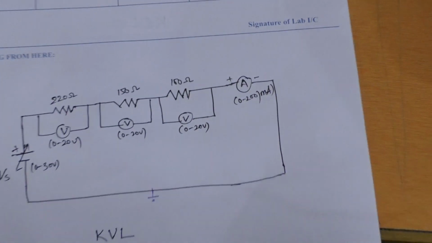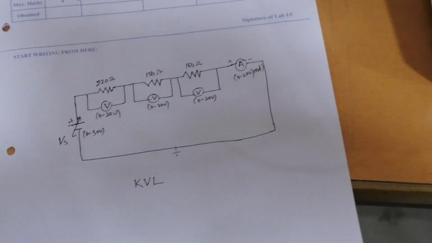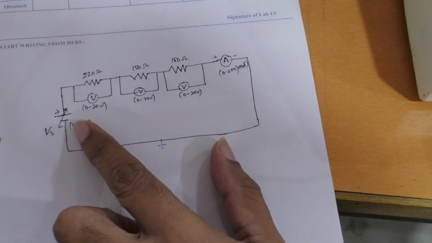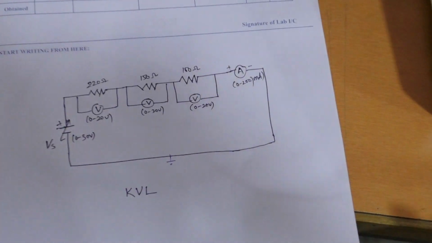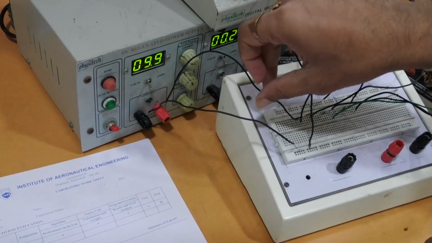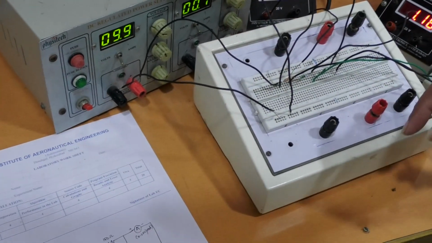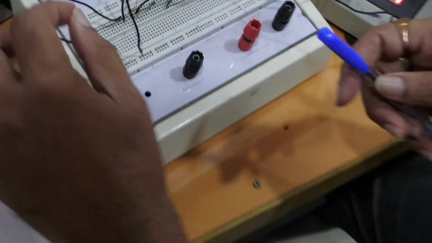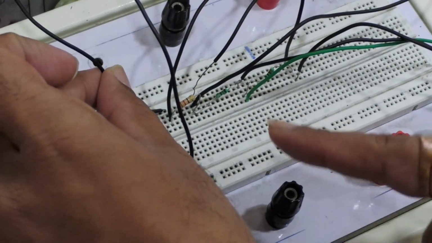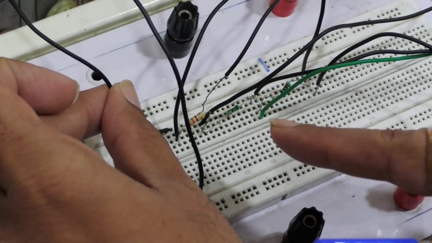As per the circuit, I have given the connections. You can observe here. This is the supply. From this positive, I have given supply to the starting terminal of the 220 ohm resistor.